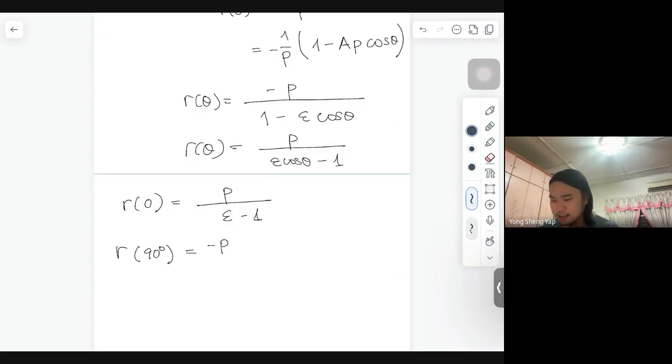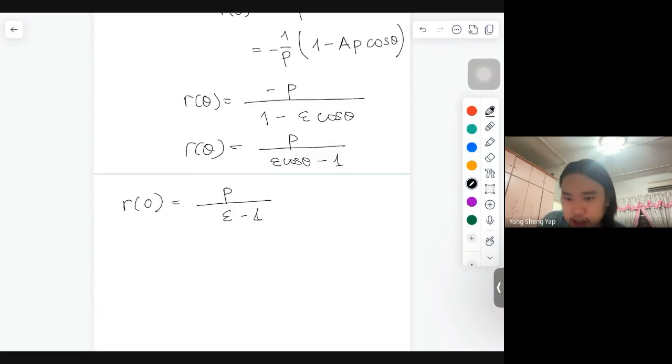Okay. So cosine of 0 is 1. That's correct. Okay, sorry for the hiccup. So this is r of 0, and it has a minimum.